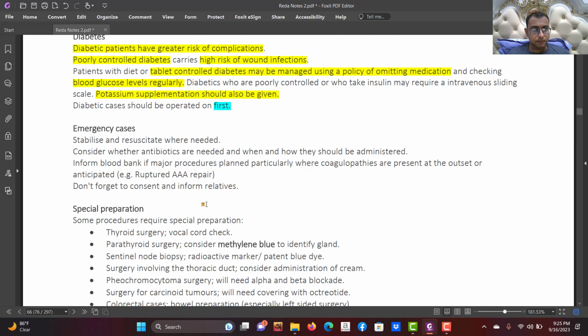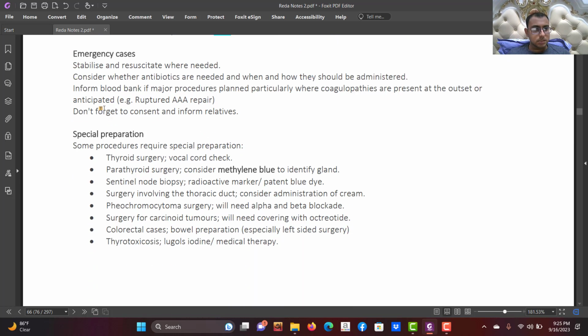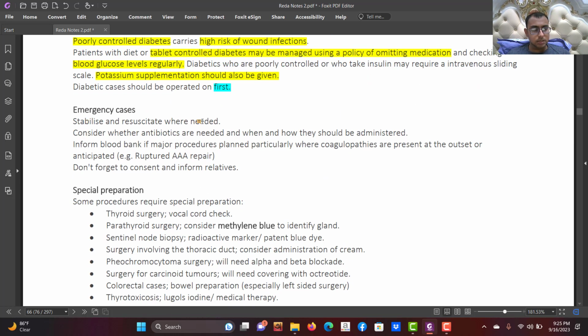Okay, first list. Now emergency cases: stabilize and resuscitate where necessary. Some patients we can stabilize and resuscitate, and some we can't, because there is limited time. Consider antibiotics that are needed and how they should be administered. Arrange blood from the blood bank if a major procedure is planned, because there is a chance of huge blood transfusion.